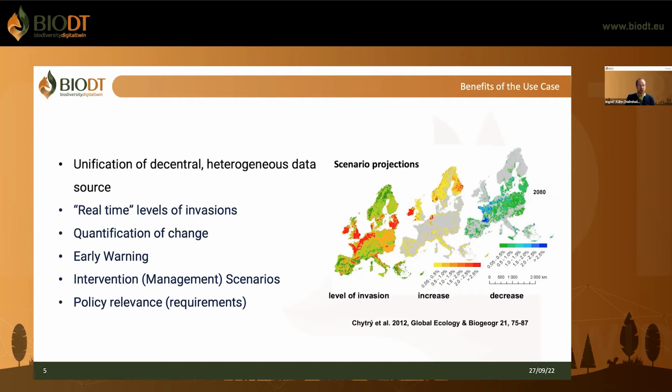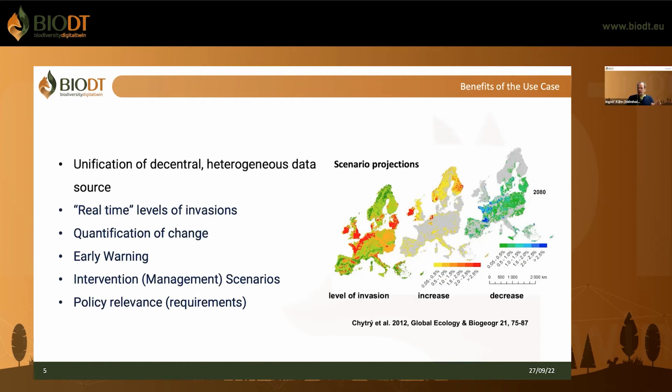We can quantify the change, for example, what the different levels of invasions under different scenario projections mean as an increase in alien species in some parts of Europe and a decrease in alien species in other parts of Europe, but again, in a dynamic way, rather than the static view that is just depicted there as a rough sketch. And we might even use that as an early warning system.